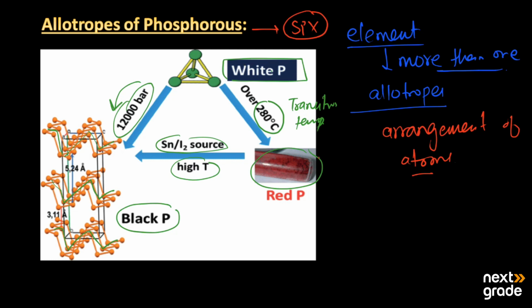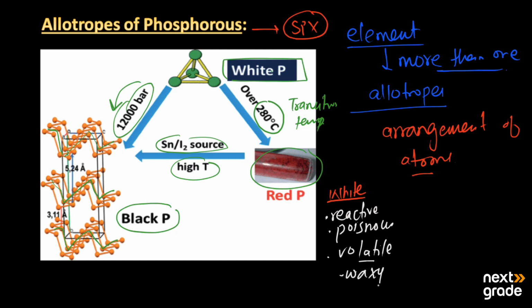Now the properties of the white one: it is too reactive. It is also poisonous. It is highly volatile. And it is waxy in nature, a substance with color between yellow and white. This substance is soluble in carbon tetrachloride.